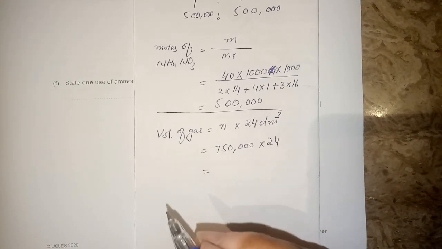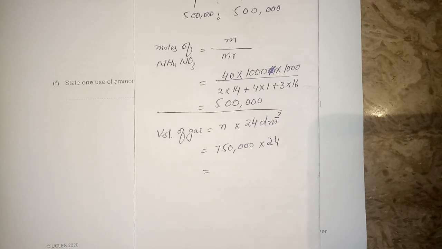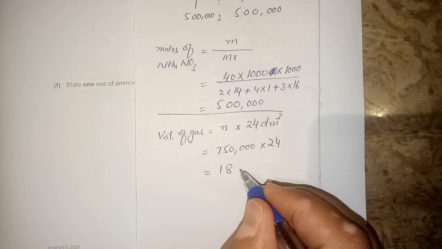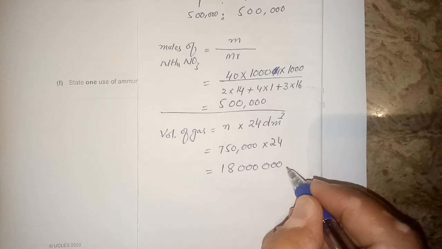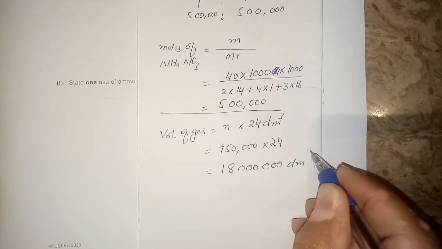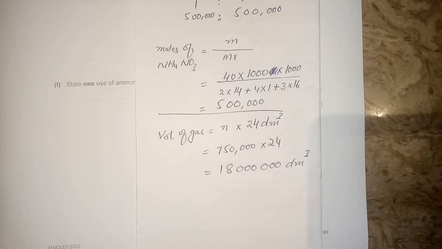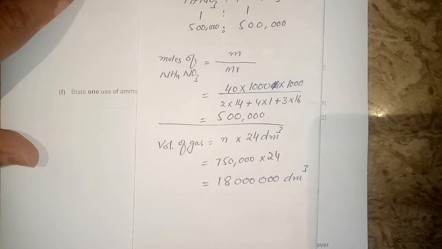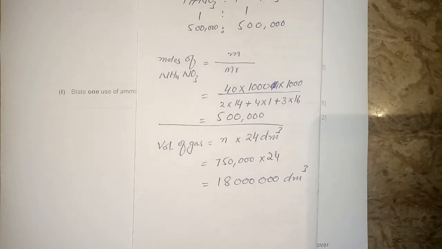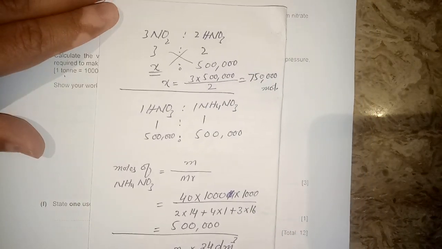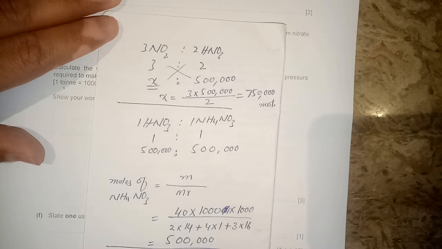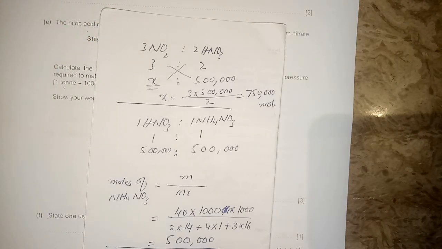When you multiply it with this one, you will get the answer, that is 18,000,000 dm cube. So this is the final answer. I tried my best to solve the question in a very simple way. If you found this one difficult, you can adopt any other method, but use proper ratios, proper values, and you will get the same answer as well.